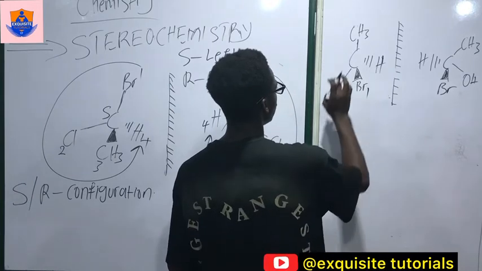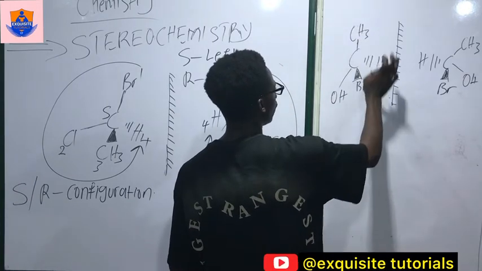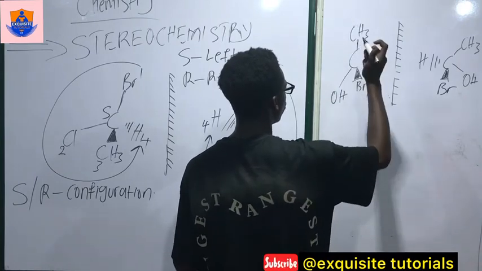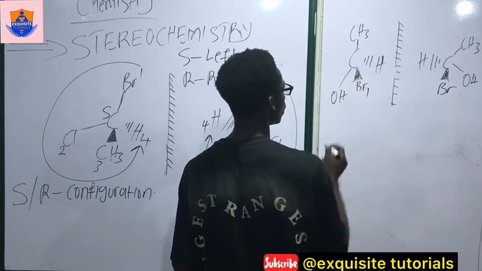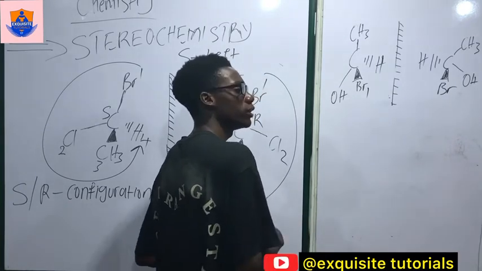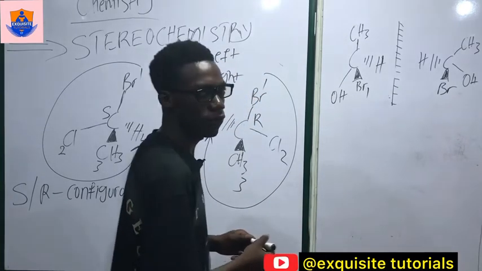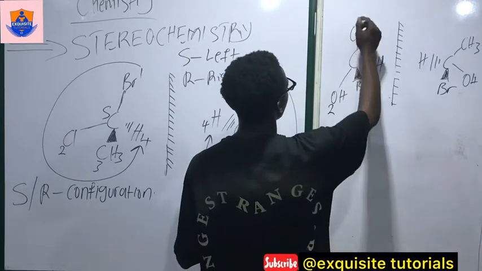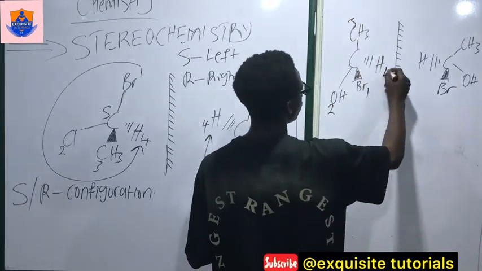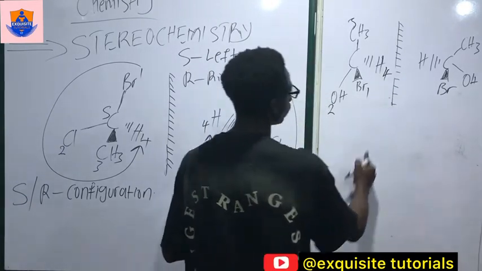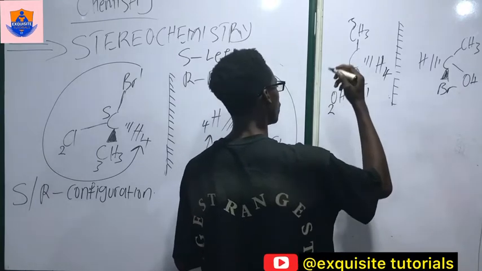Then between oxygen, carbon, and hydrogen, the highest should be oxygen, because in the periodic table, carbon comes before oxygen. So we have it as 2. Then we have carbon here as 3. Then hydrogen is always 4, because hydrogen is the lowest among all elements in the periodic table.